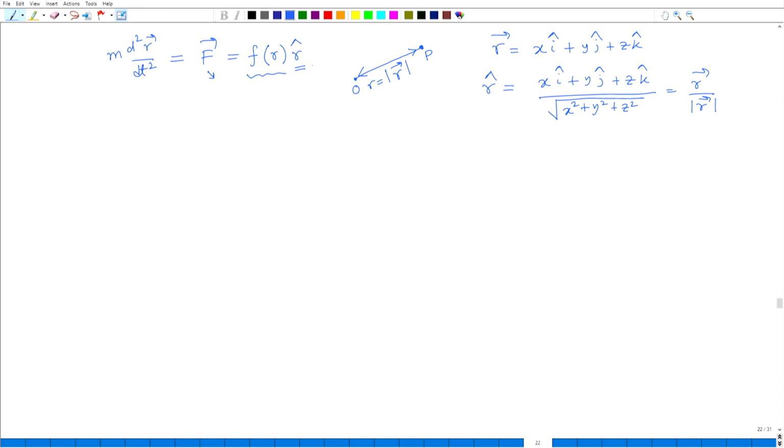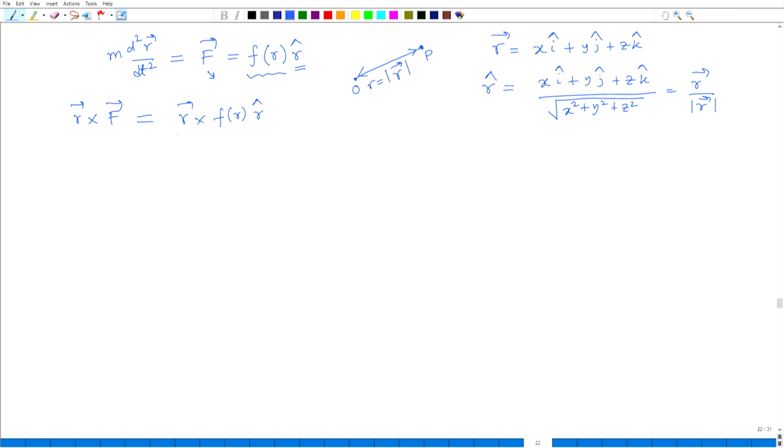Now, if I have a force like this, what will be the interesting property related to it? First, you can think about r cross f. That is the torque. So that will be r cross f(r) r cap.